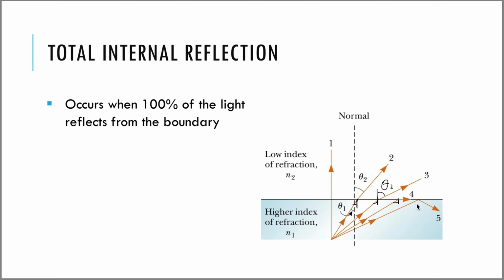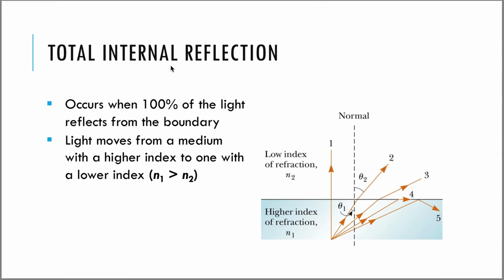Total internal reflection occurs when 100% of the light is reflected. None of it goes off into the other medium. This only happens when the light is moving from a medium with a higher index to one with a lower index, for example, going from water into air.